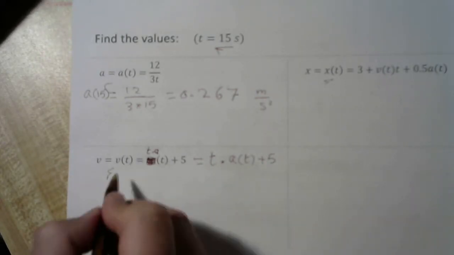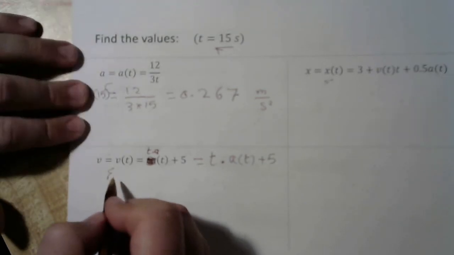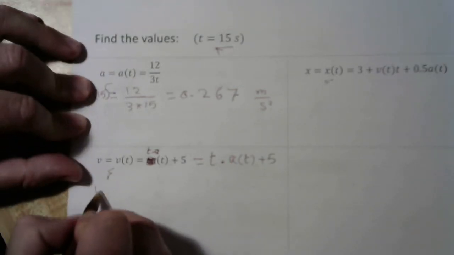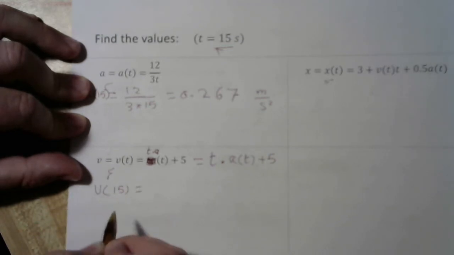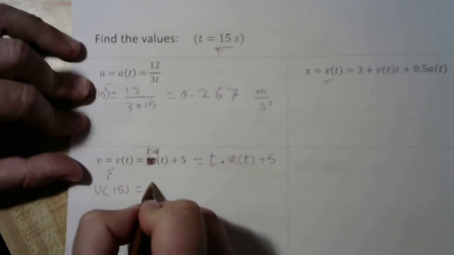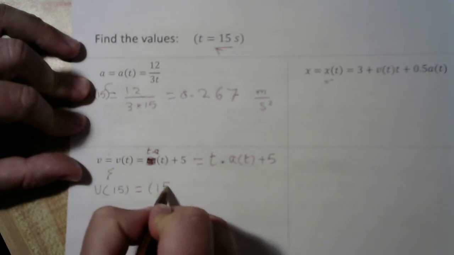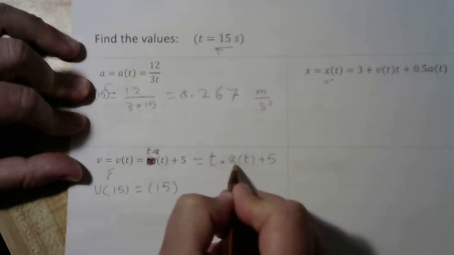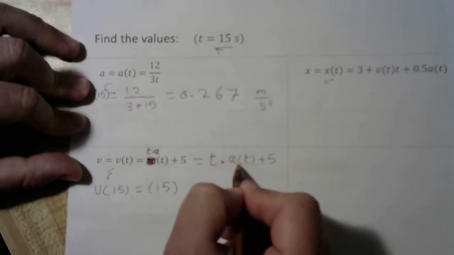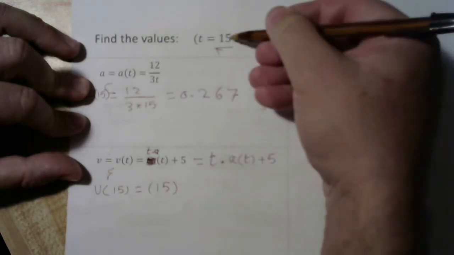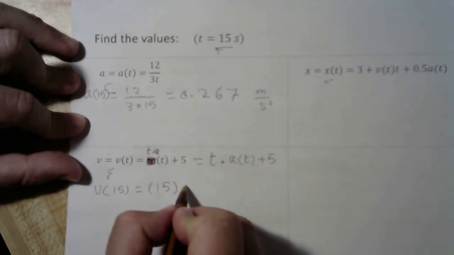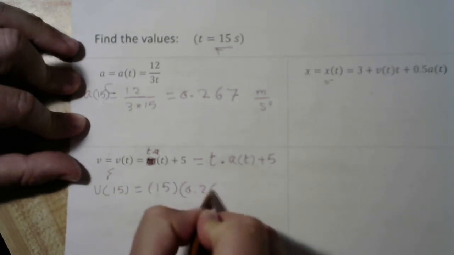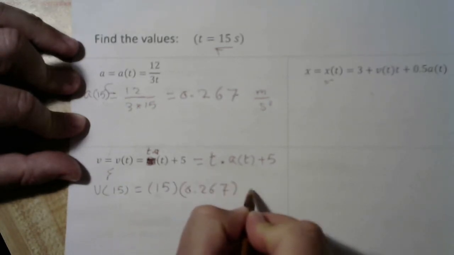Okay, now I can compute the velocity. Velocity at t equal 15 seconds is equal to t, which is 15, and multiplied by the acceleration at t equal 15, and I compute that, which is 0.267 plus 5.